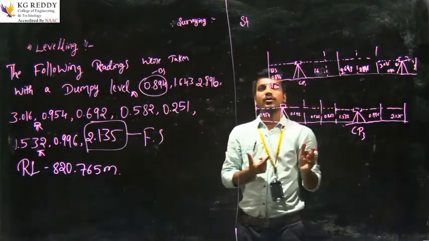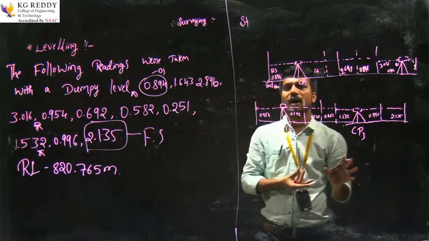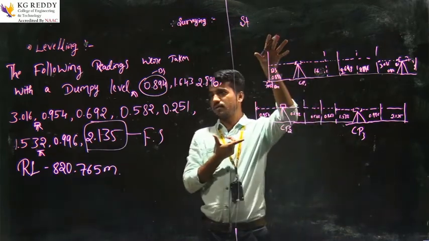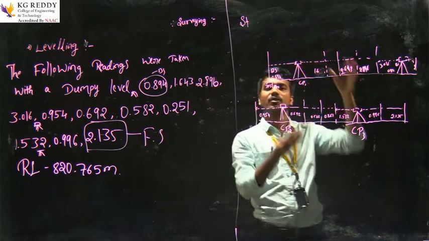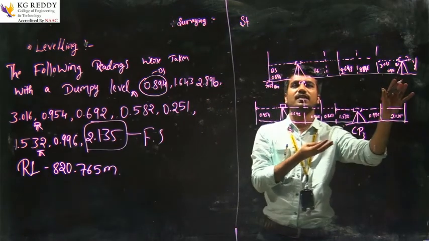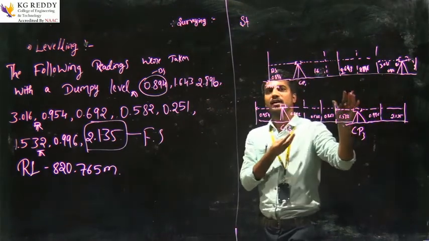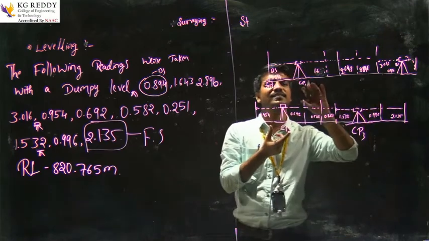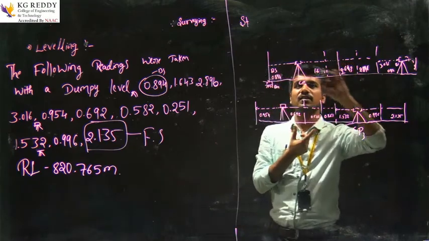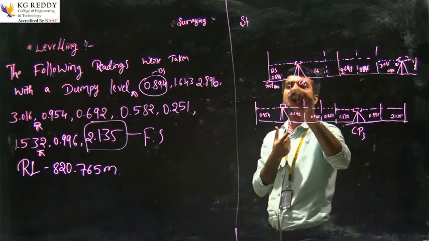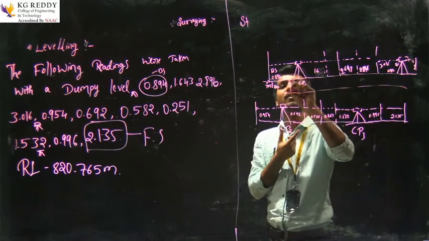After that we have to make a tabular column, putting the values into it, and find the RL of each station, that is the reduced level. It is the vertical distance below the line of collimation, that is the height of instrument, between the ground level and the instrument station.